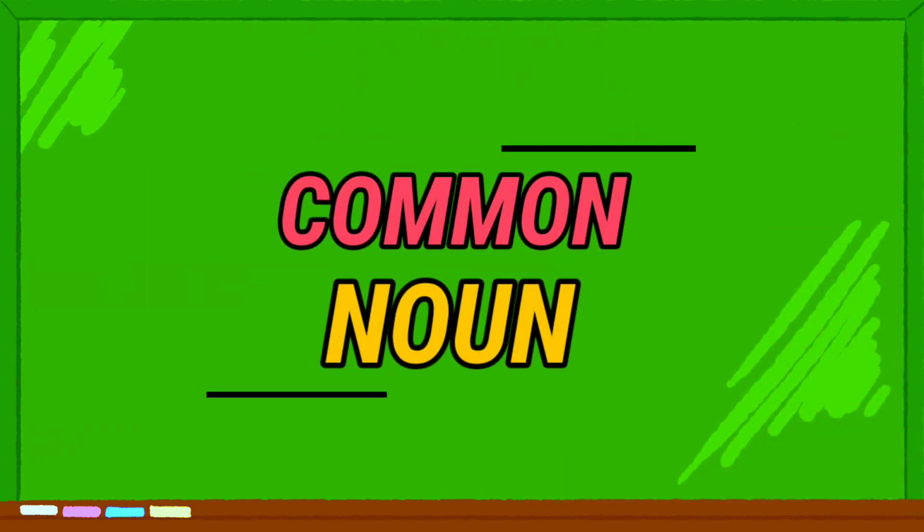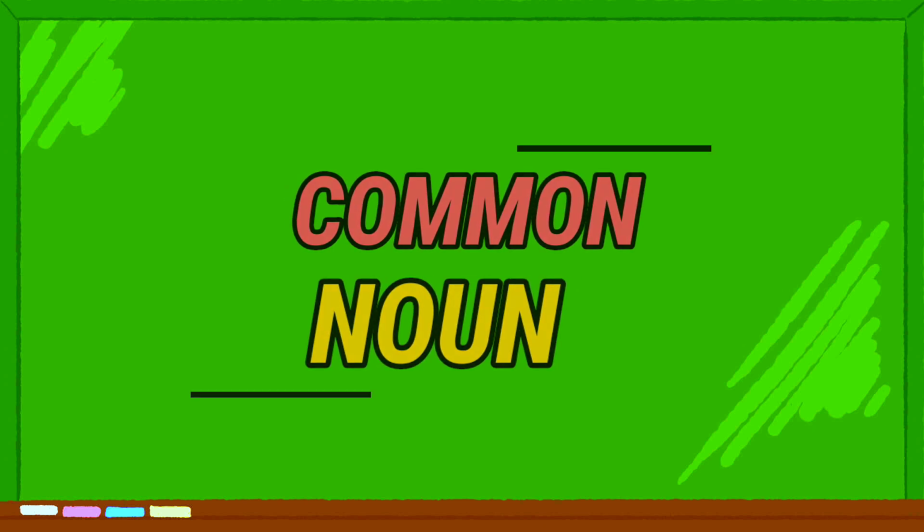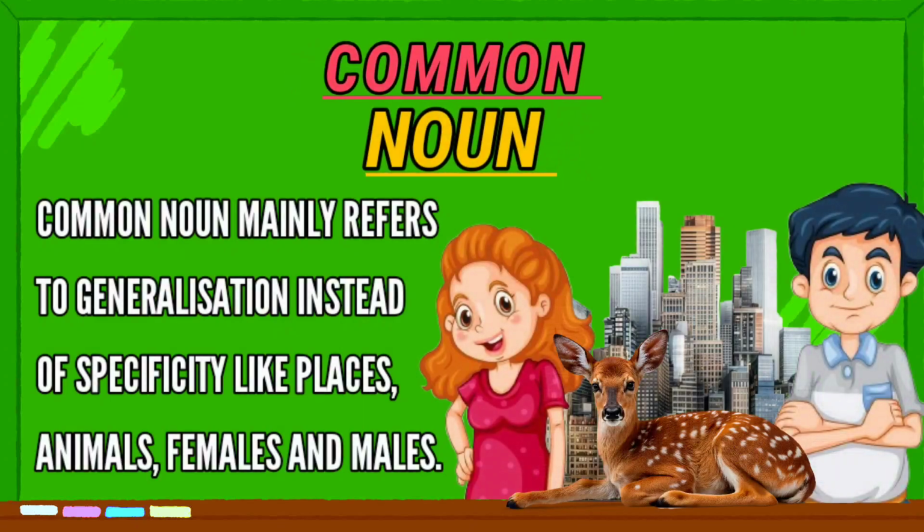Next is common noun. What is it exactly? Common noun. Let's check it out. So common noun mainly refers to generalization instead of specificity, like places, animals, females and males. In our prior discussion about proper noun, we have come to know that proper noun do specification.